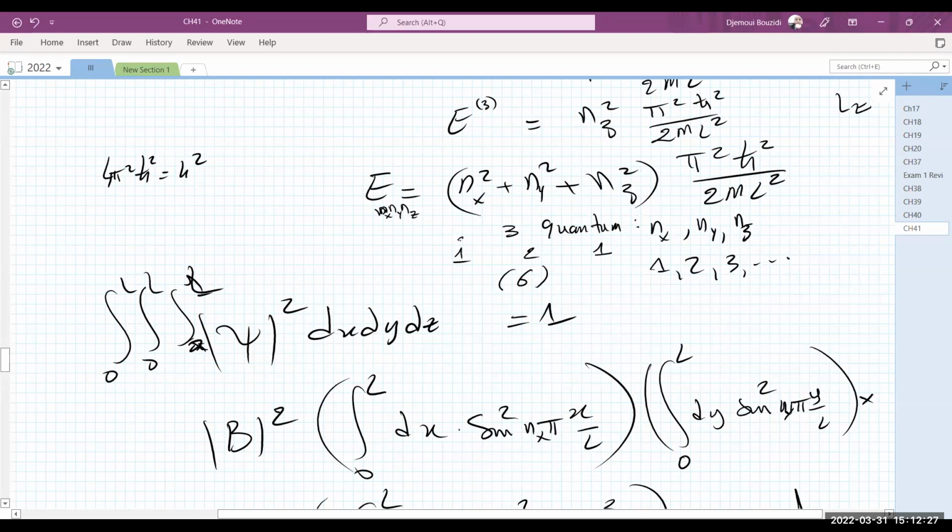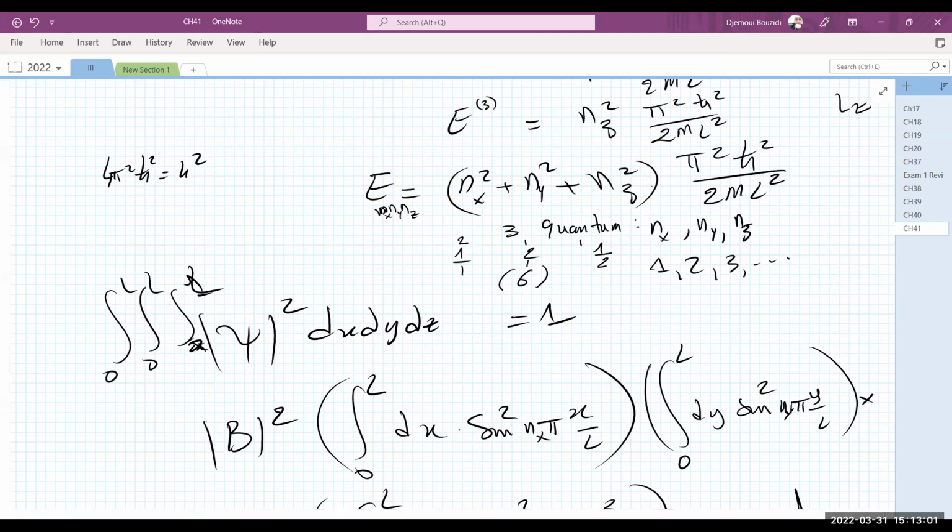If I choose nx equal to 2, ny equal to 1, and nz equal to 1, they too add up to 6, because 2 squared plus 1 squared plus 1 squared is 6. If I choose another quantum state where I have 1 for nx, 1 for ny, and 2 for nz, that too adds up to 6 times this factor, whatever that number is. Okay, so that is the degeneracy.